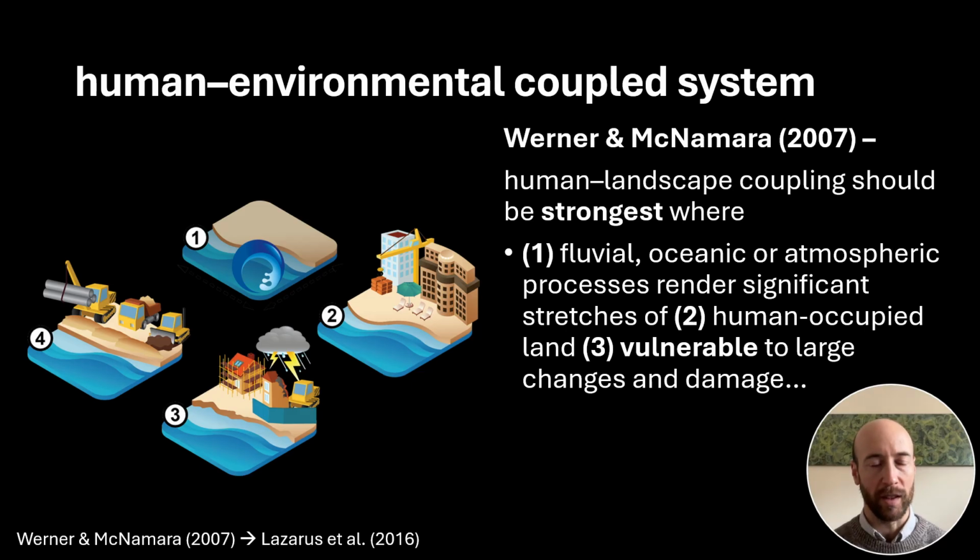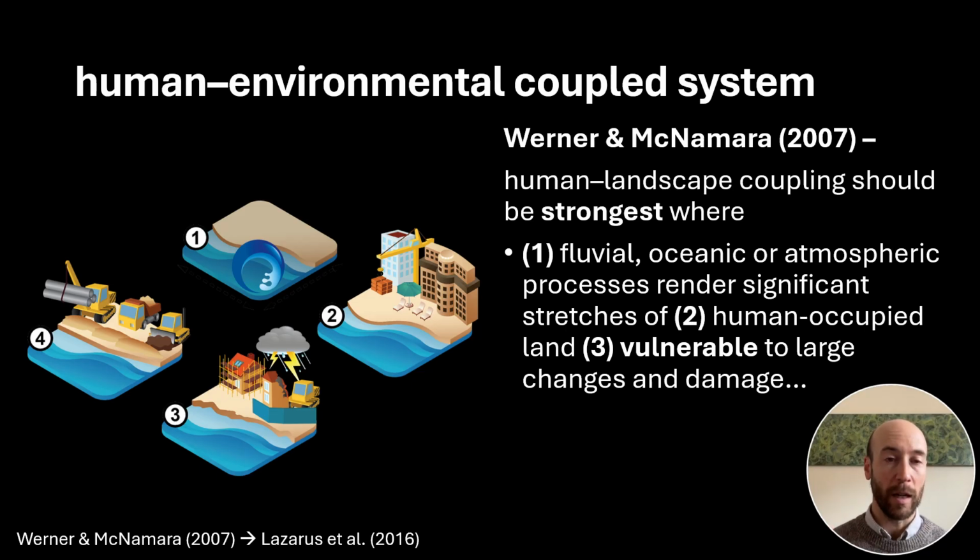So now it's covered with hotels and condos, a typical resort economy coastal locale. So human occupied land, vulnerable to large changes and damage. Picture 3 is the same place but with a storm event that's caused a bunch of damage. We'll get to 4 in the next slide.